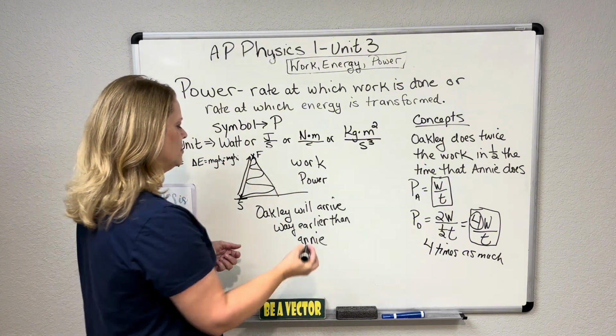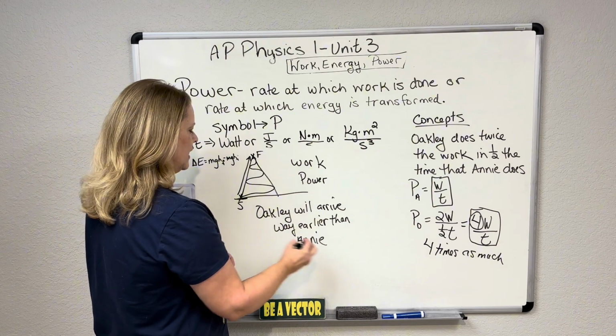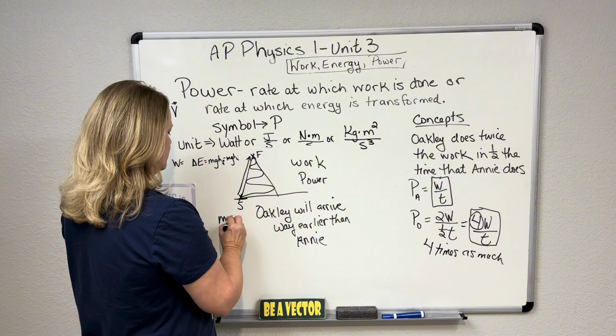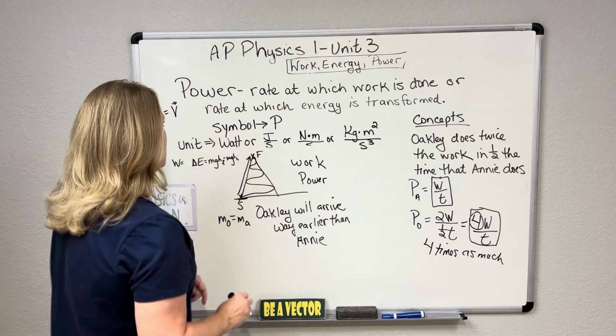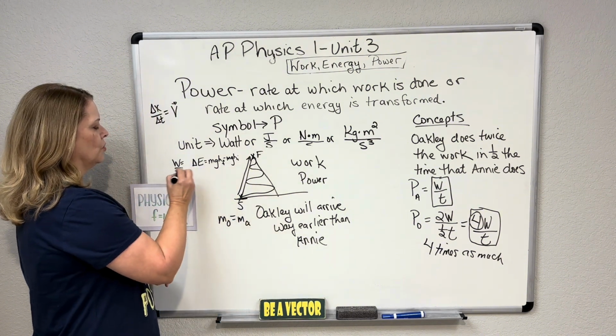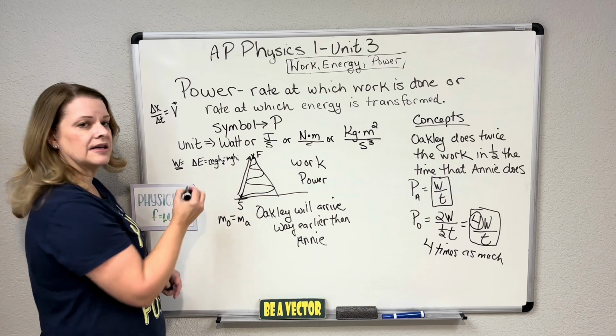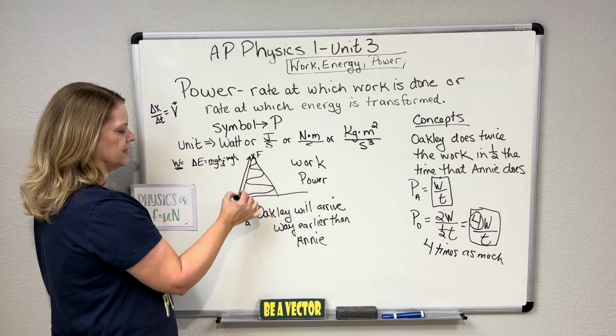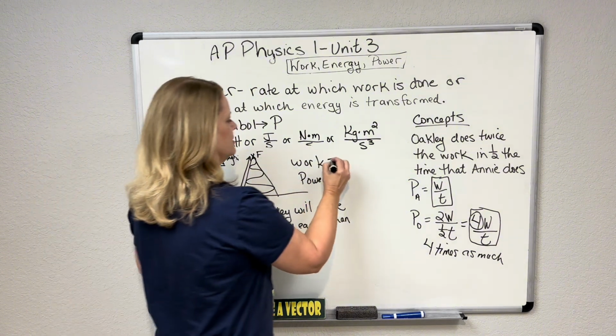And I should have also told you that Oakley and Annie have the same mass. So mass for Oakley is going to equal mass for Annie. All right, so their work is exactly the same. Same mass, same G, 9.81, same final height at the top, and same initial height. So their work is equal.